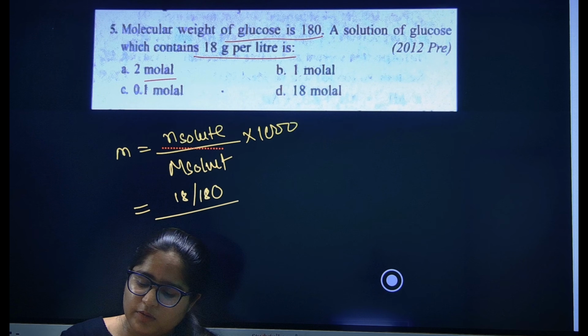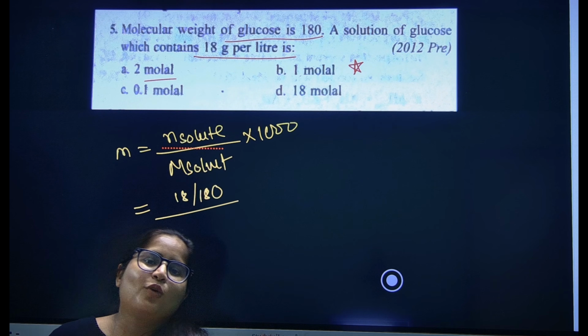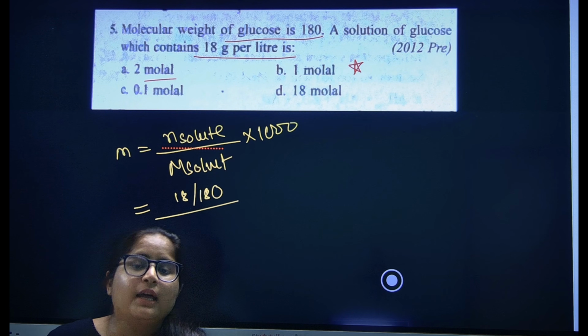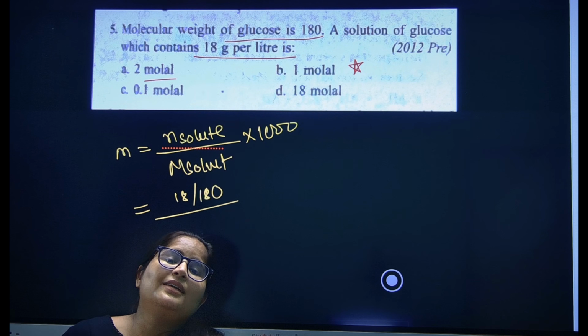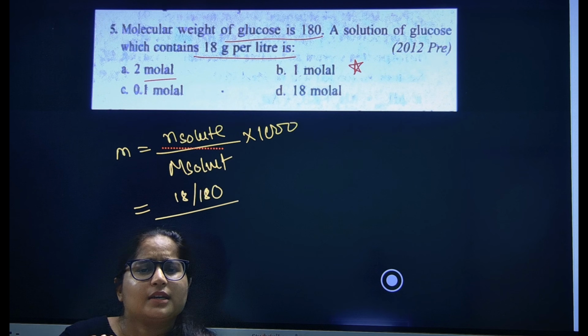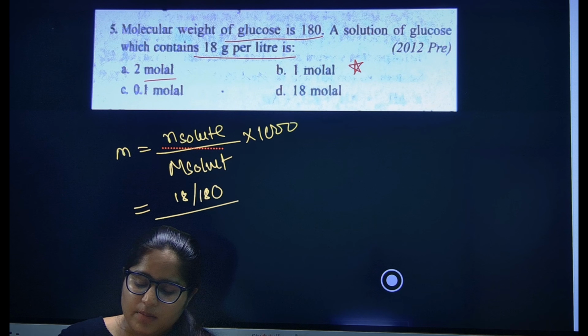Star point, for those who have not studied from me: if the mass of solvent is not given, the volume of solvent is not given, and they are asking you molality, we know that molality is defined for 1 kg solvent, that is 1000 gram. So I will take 1000 gram or 1 kg.